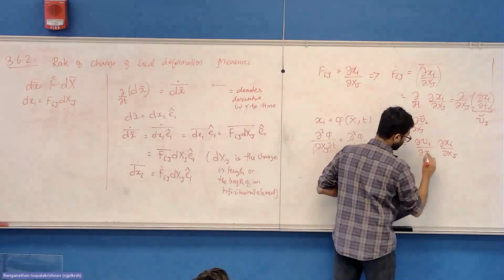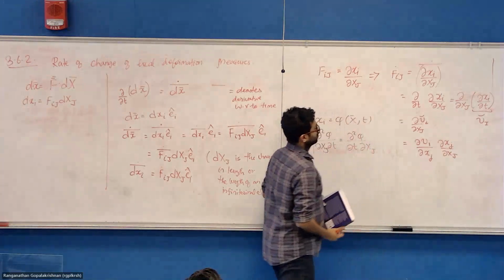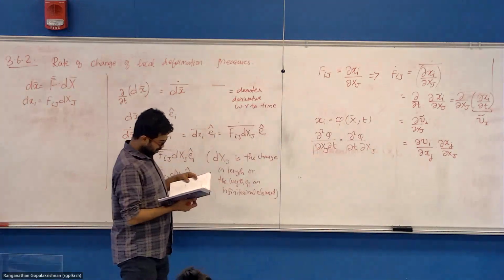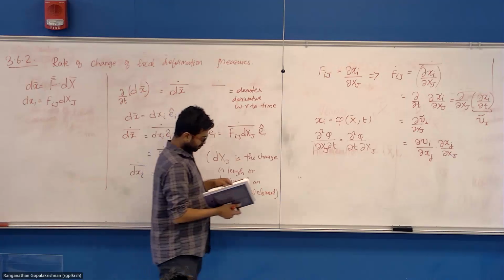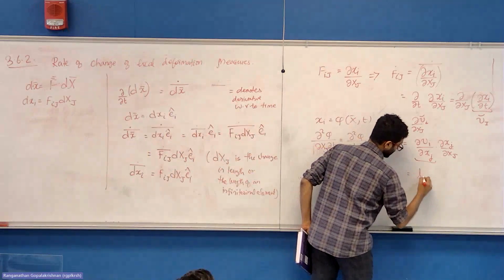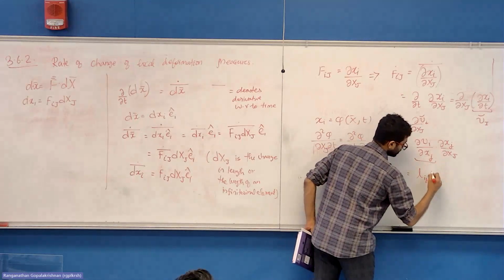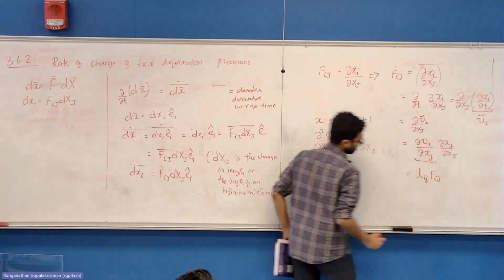This quantity here is Lik multiplied by Fkj.